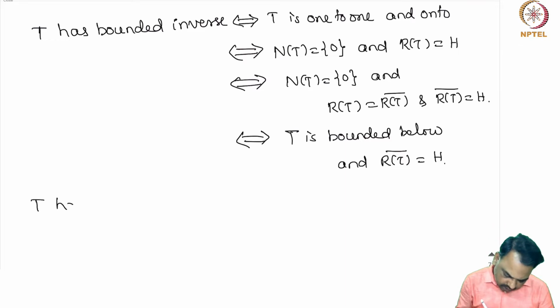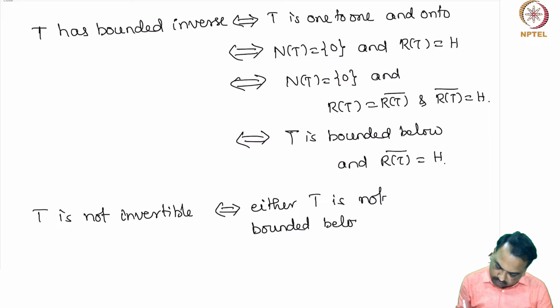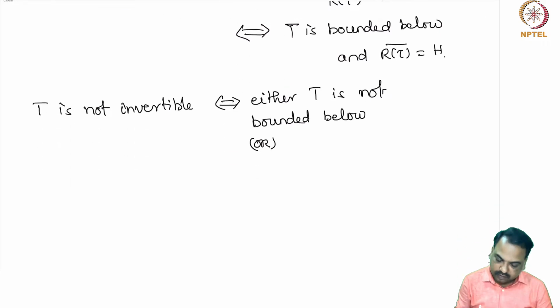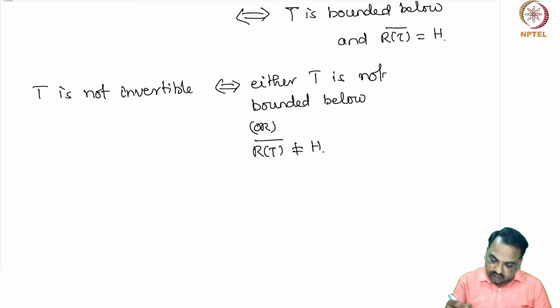So we can say that T has no bounded inverse, as T is not invertible in B of H, if and only if either T is not bounded below or range of T is not dense in H. The second condition is again equivalent to saying that the closure of range of T is null space of T star perp.